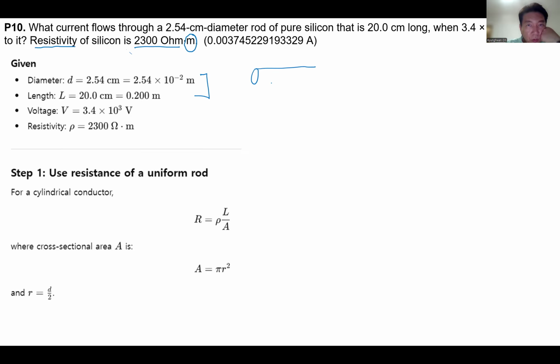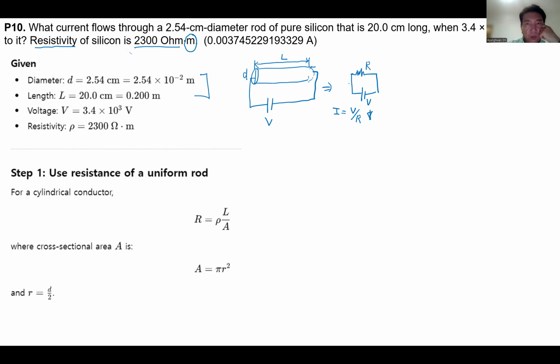So the diameter D is given, the length L is given, and it is connected to a certain voltage V. And then if we identify what the resistance is for a given voltage, we know the current is given by I equals V over R. That is the thing we need to have.